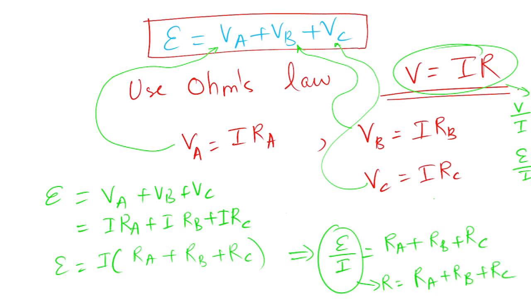This is the formula of series combination of resistors. After seeing this formula, you know that the overall resistance is getting added in series combination. It means if you are connecting resistors in series, add their resistance simply.